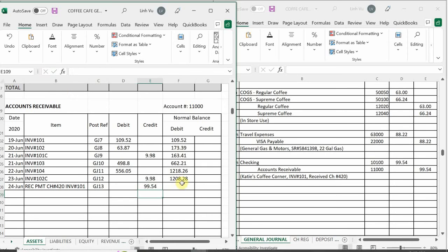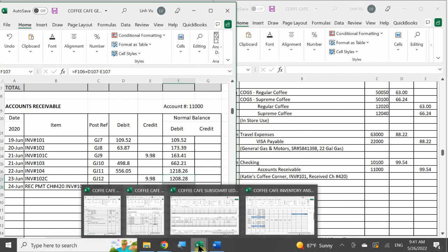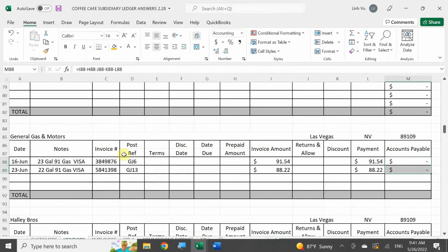So that should give me an account balance of $1108.74. Which, now that I finished my ledger, I have to go down to my subsidiary ledger to update Katie's account.